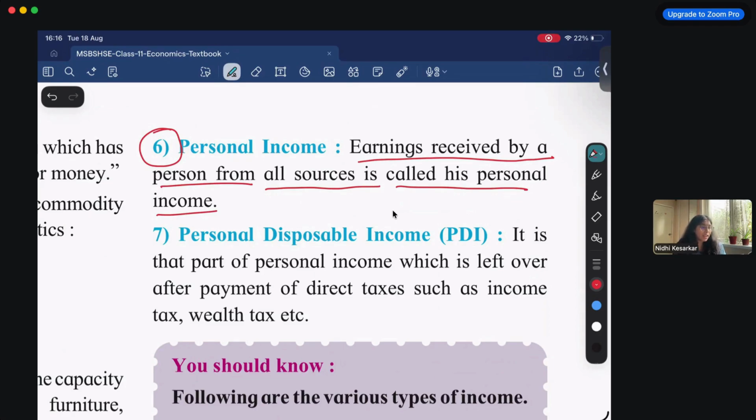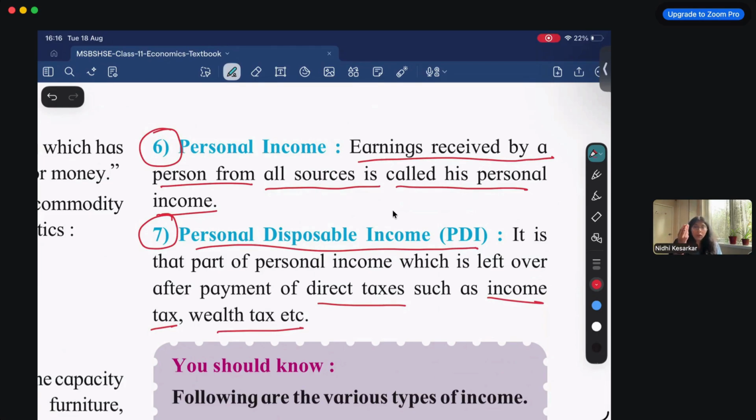Okay. Next, personal disposable income. So now when this person has earned money from three sources, he has to pay something back. Now what is that? That is direct tax, income tax, or wealth tax, right? He will have to possibly pay something back.